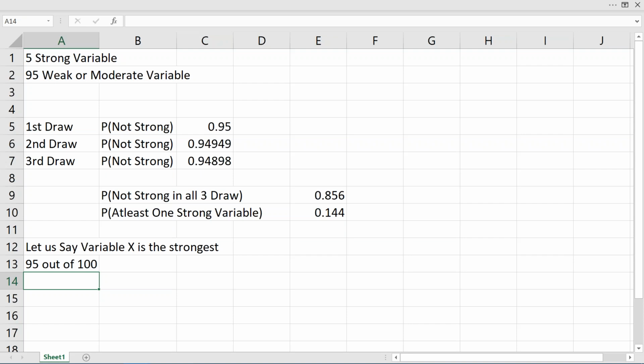In that case, because we are selecting 95 variables out of 100, and X is the strongest of all the variables, the chance of X being selected will be 95%. And if X is selected, then X is going to be the best variable out of the 95. That's why most of the models will have X coming as the separating variable, the splitting variable.